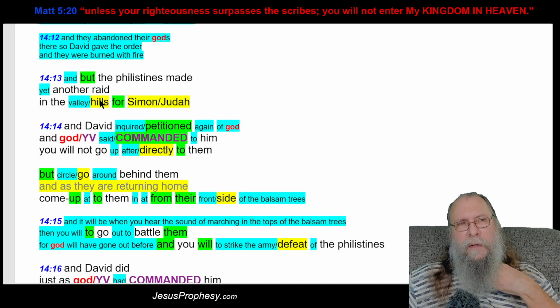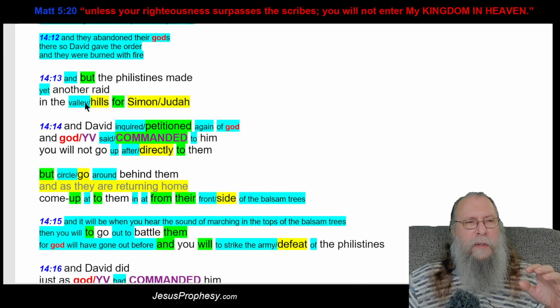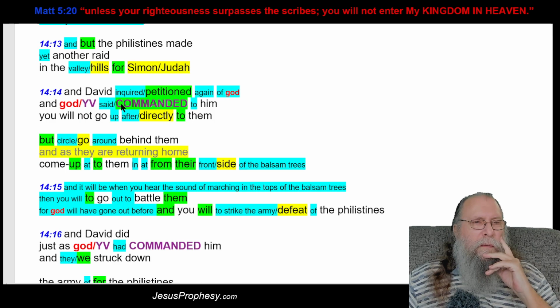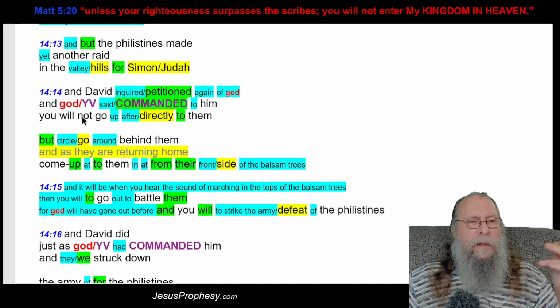The valley is a very small location when you have this hill rolling and then a small valley. So the people would have lived more in the hills than in the valley. Said, commanded after, was directly, did not go directly to them.